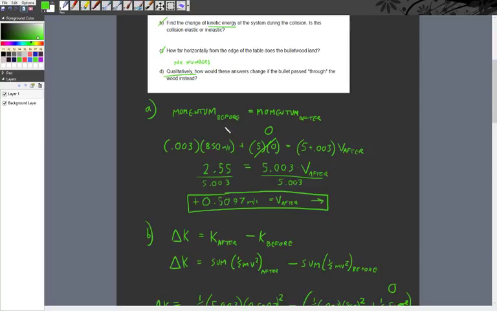Well, momentum before is still going to be equal to momentum after, but now this right-hand side would change. We'd have to add the momentum of the bullet after it's passed through the wood. Since the bullet still has some momentum, the momentum given to the block is going to be less. So the block would basically be going slower.